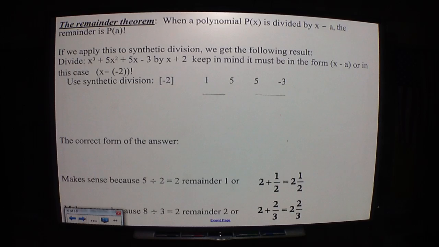The remainder theorem states when a polynomial p of x is divided by x minus a, the remainder is p of a. So to apply this to synthetic division, we get the following results. I don't know if you remember synthetic division, so let's do a little bit of synthetic division.